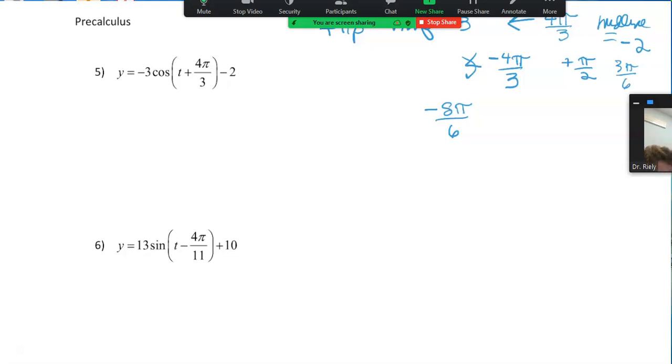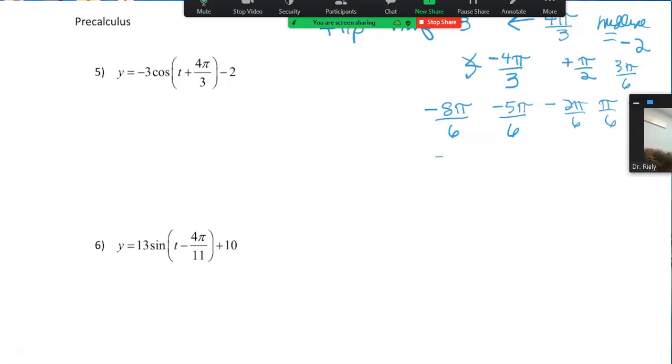So I have a negative 8π/6 plus a 3π/6 gives me a negative 5π/6, plus a 3π/6 gives me a negative 2π/6, plus a 3π/6 gives me a positive π/6, plus a 3π/6 gives me a positive 4π/6. Okay, now go ahead and reduce those angles as possible.